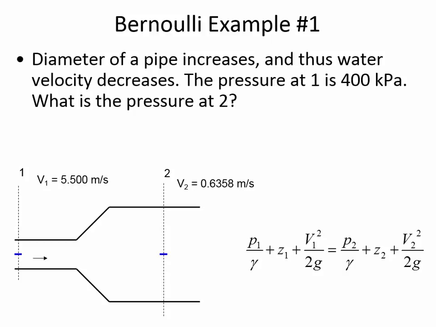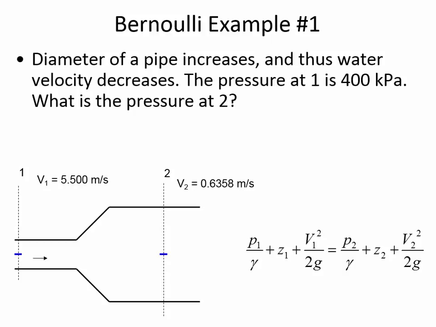And so this is a really radical transformation in velocity. If I didn't have it go from a pretty high velocity, 5.5 meters per second, I mean, that's really moving along to be able to cover 5.5 meters of ground in a second. So this is a high velocity transitioning to a really low velocity. Let's see what kind of effect that has on pressure.